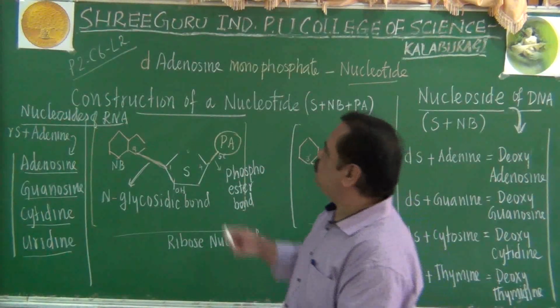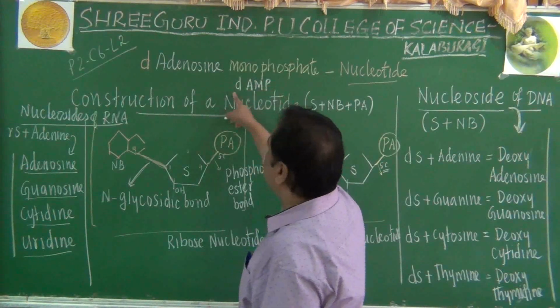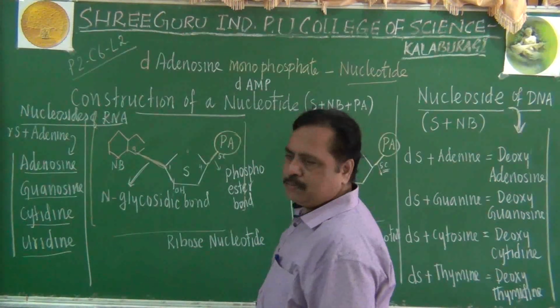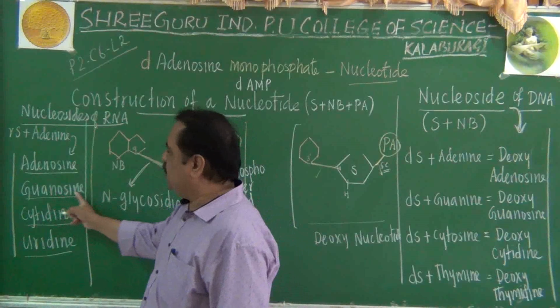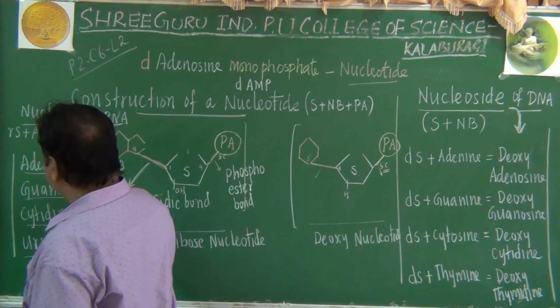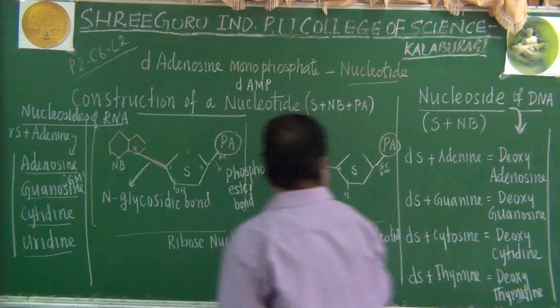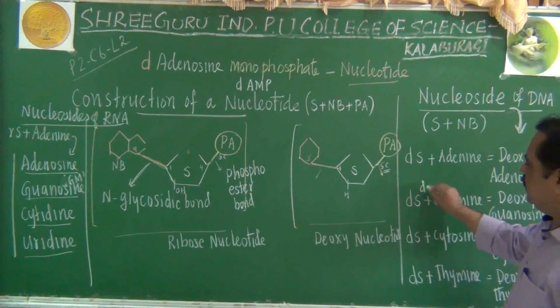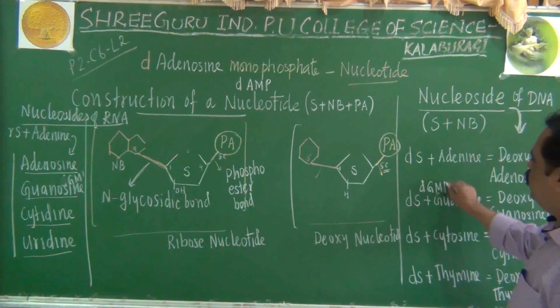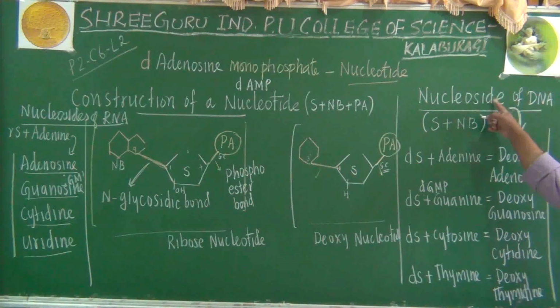Deoxyadenosine monophosphate, dAMP, I can write. dGMP I can write. dGMP refers to what? Deoxyguanosine. This is ribose RNA. Let me write here. Deoxyguanosine monophosphate. dGMP refers to deoxyguanosine monophosphate.